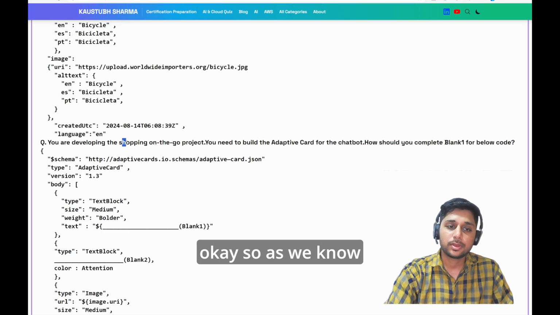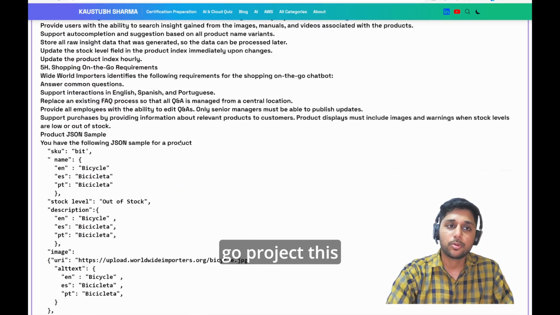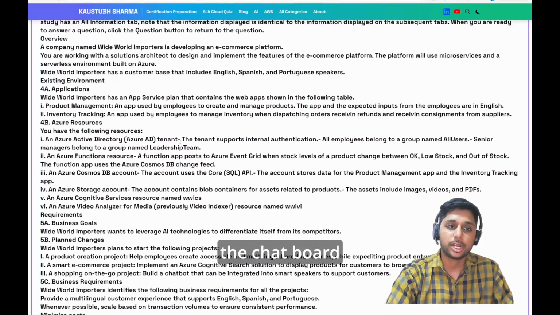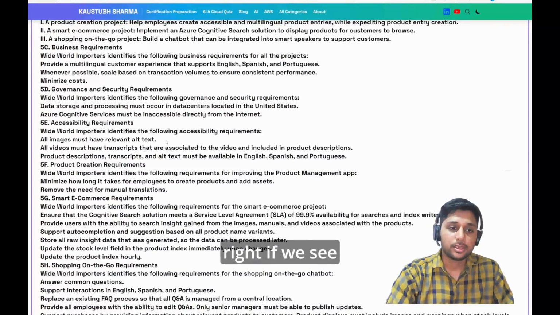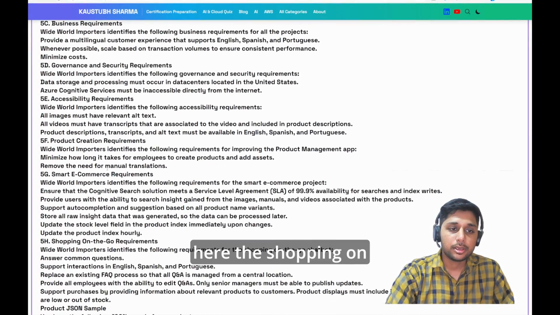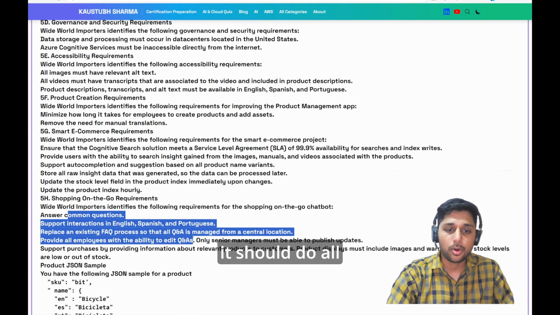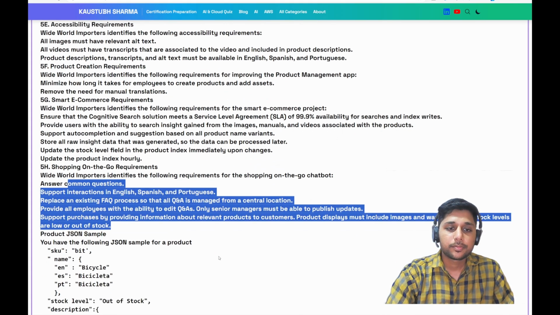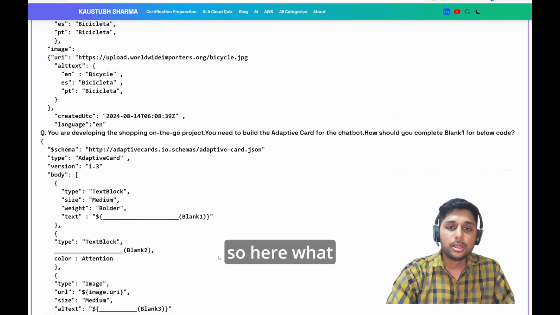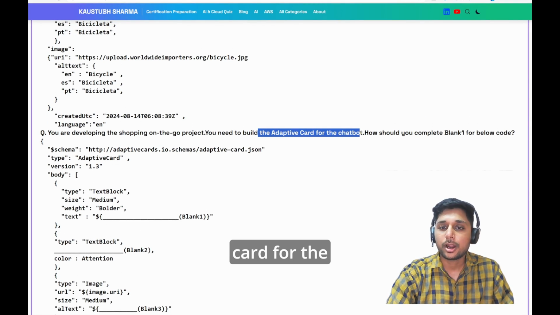As we know, we are on the shopping on the go project. This is about the chatbot, right? The shopping on the go chatbot should do all these things. Here we want to build the adaptive card for the chatbot.